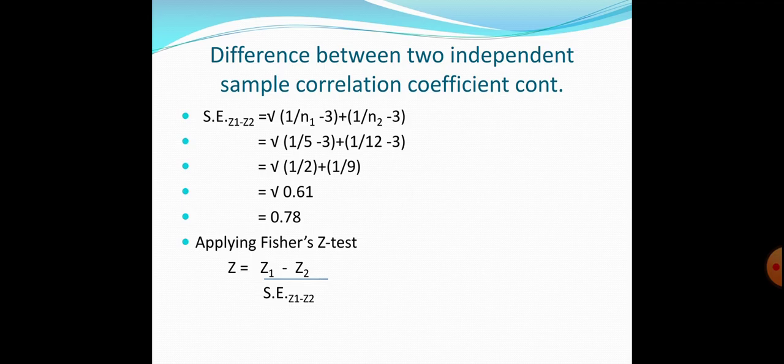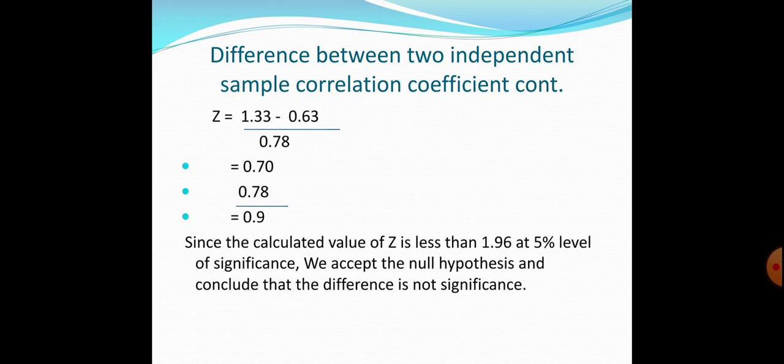Now applying the Fisher's Z test, you will get the value as 0.9. Since here also the calculated value of Z is far less than the tabulated value of 1.96 at 5% level of significance, we accept the null hypothesis and conclude that the difference is not significant.